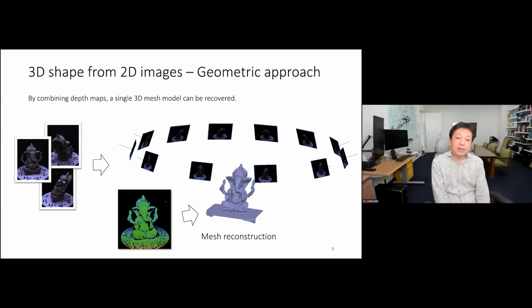Then once the dense 3D point cloud is obtained, the final step is to generate a 3D mesh from the point cloud. It is a process of computing faces from vertices so that it can generate our watertight 3D shape.